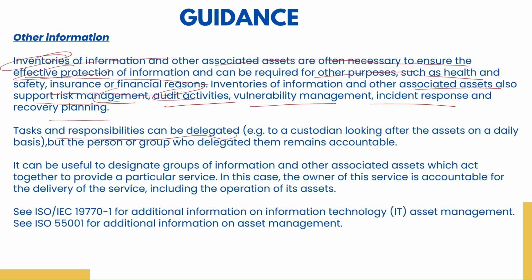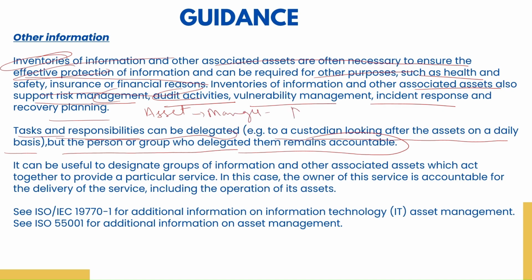Tasks and responsibilities can be delegated. As an owner, you can assign the tasks and responsibilities of this particular asset. You can have a custodian, for example, looking after the assets on a daily basis. But the person or group who delegated them remains accountable.